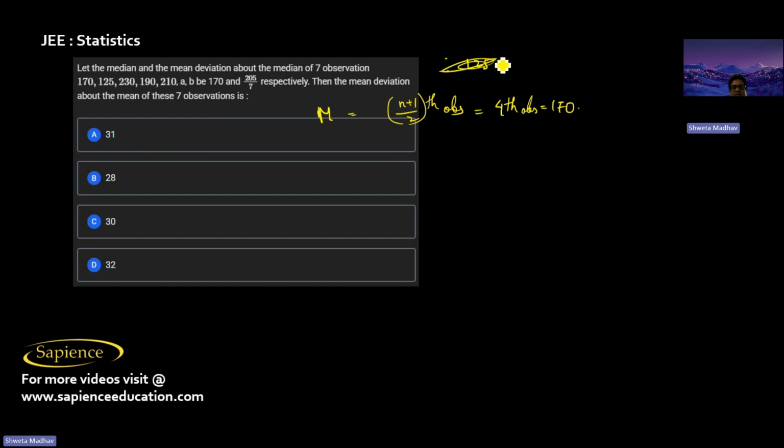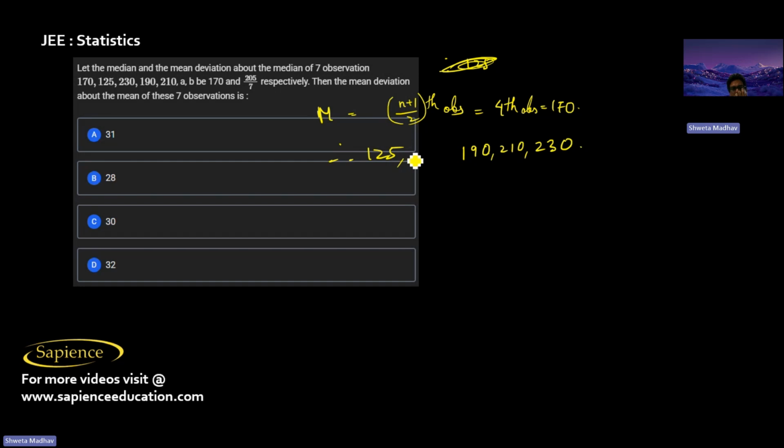So it means if we arrange them in the ascending order, then it should be 125, then 170, then 190, 210 and 230 should be the last 3 observations.